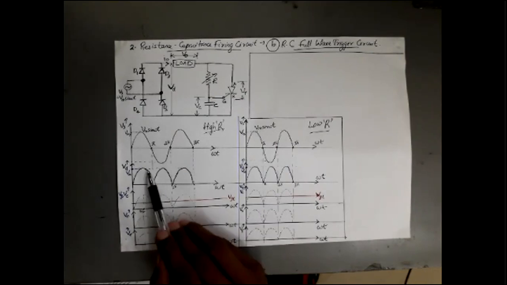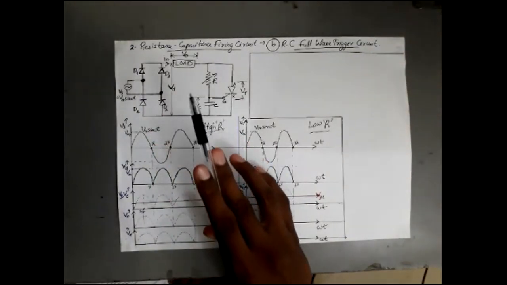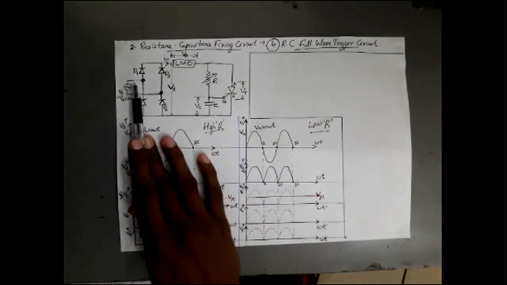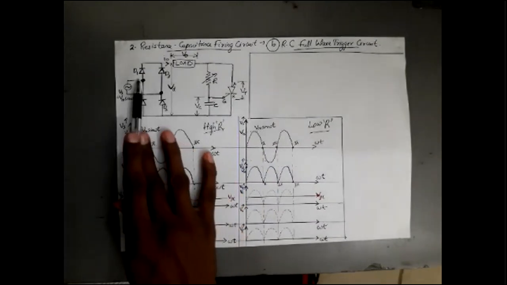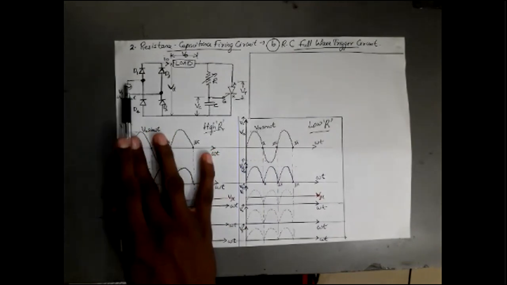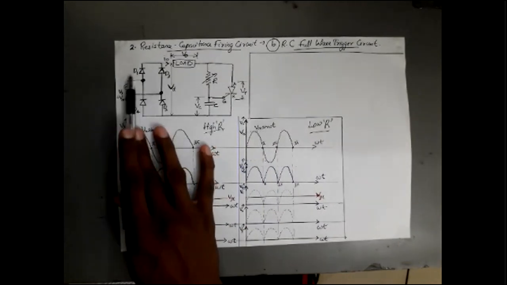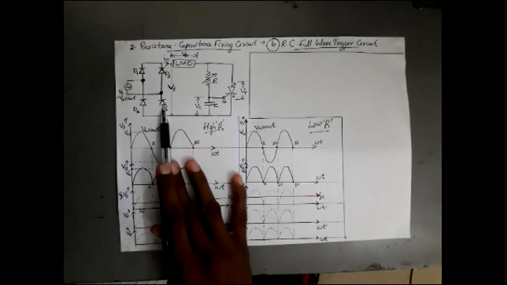Let us have a look at the rectification process also, if you have any doubt on that. During the positive half cycle, my diodes D1 and D2 conduct, because D1 is forward biased here: the anode is getting positive and the cathode is getting negative, meaning the anode has higher voltage.